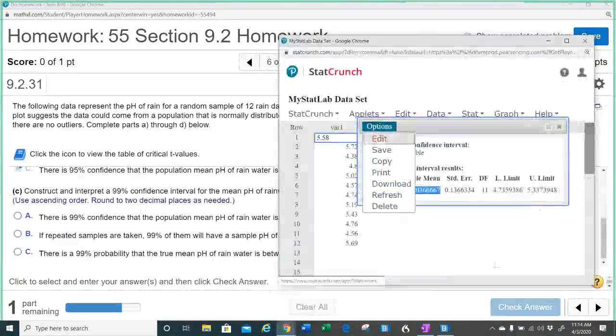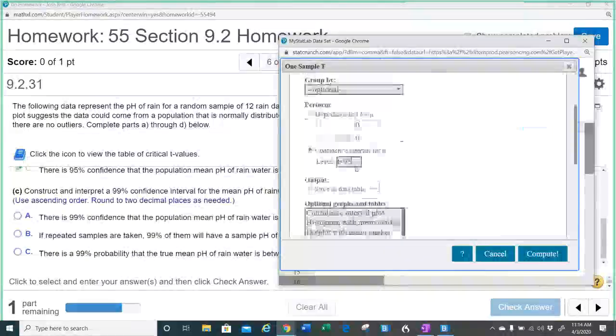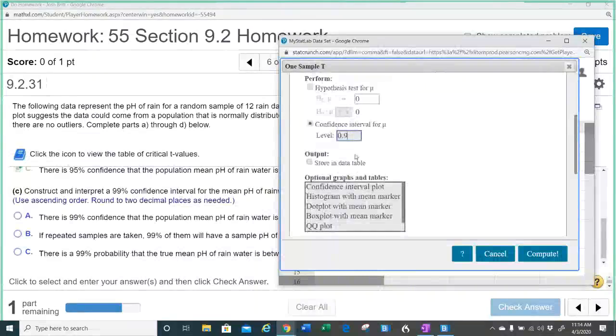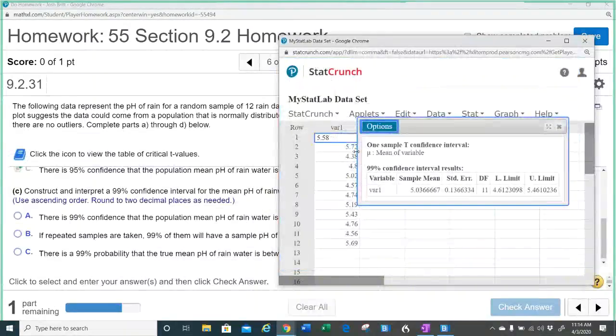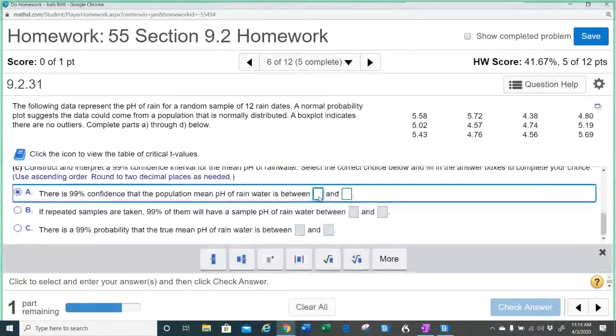So just change it to 99. And this time we get 4.61 and 5.46.